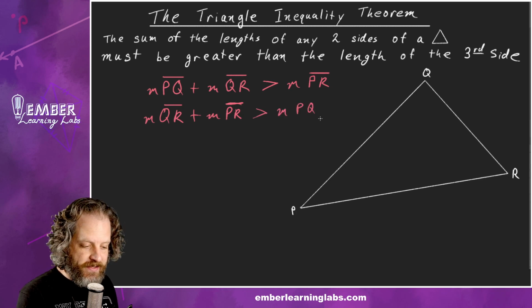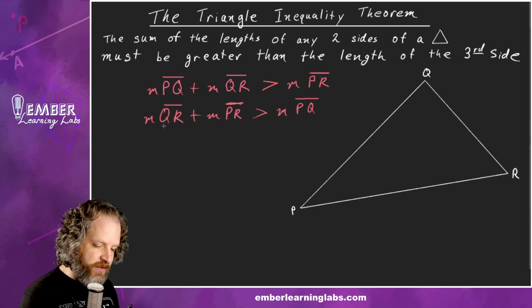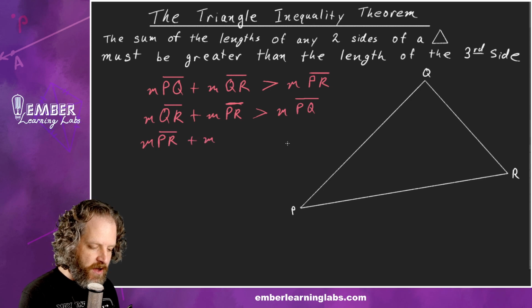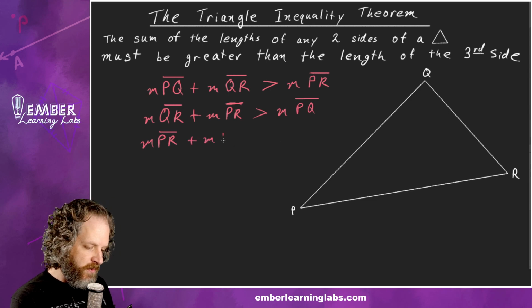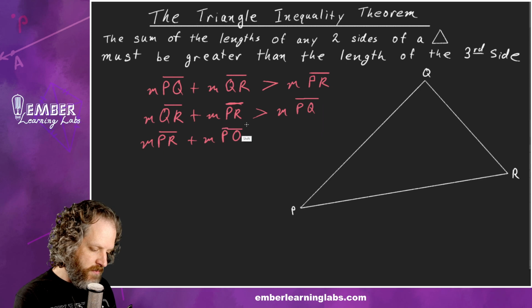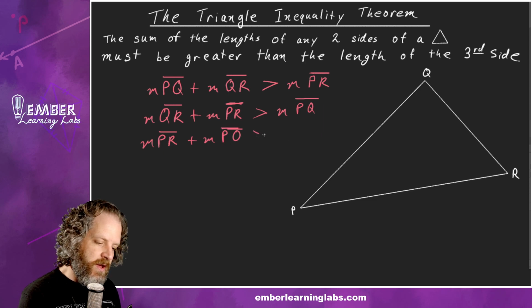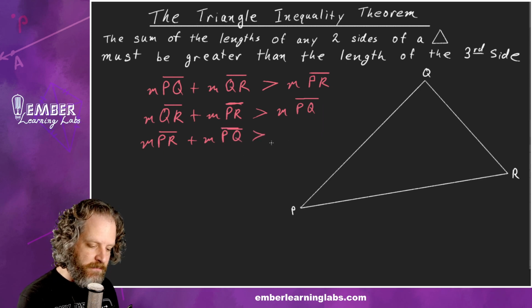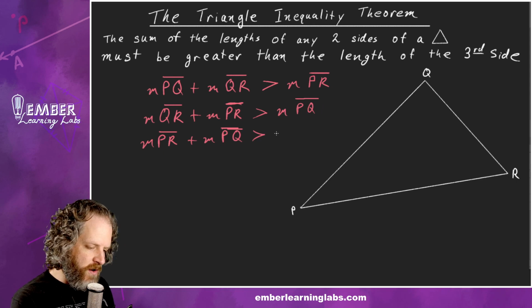And you could finally write the same thing with the third one as well. The measure of PR plus the measure of PQ has got to be greater than the measure of QR.